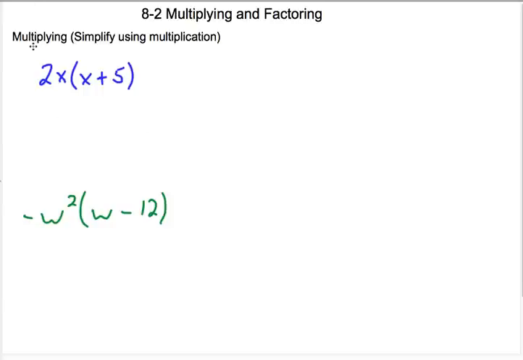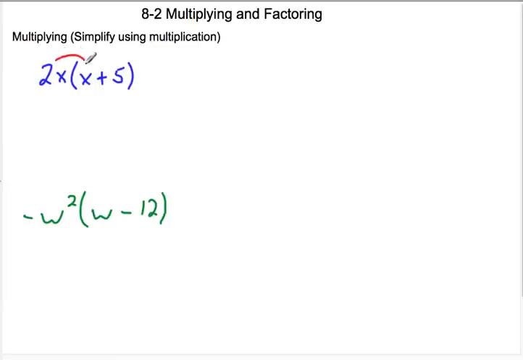So the first thing we're going to talk about is multiplying. Here we're going to simplify using multiplication. When you get instructions in classwork or a test, the instructions are just going to say simplify. We all know that a number or a letter next to parentheses means multiply, so that is how we're going to simplify this. We're going to be using the distributive property.